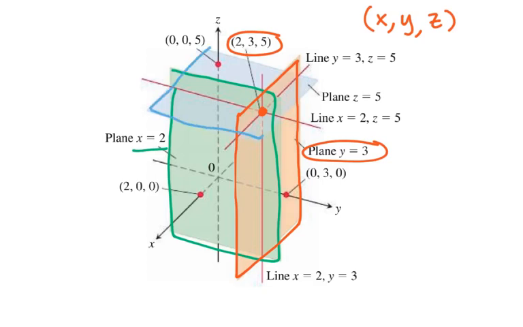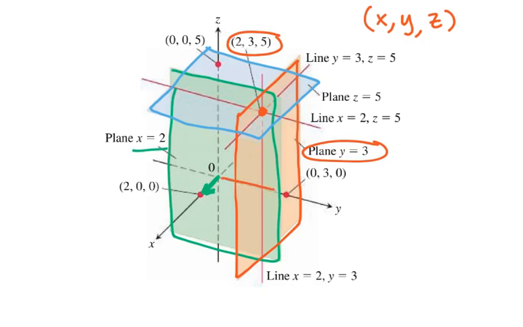And then the z plane, z equals 5. That's going to be vertical. And you'll notice instead of going through the origin, these planes are shifted. My green plane has moved out 2 spaces from the origin, x equals 2 in the positive direction, so forward from the origin.